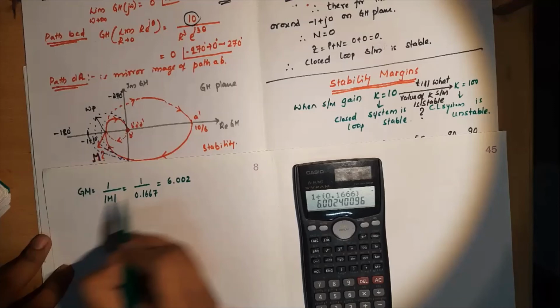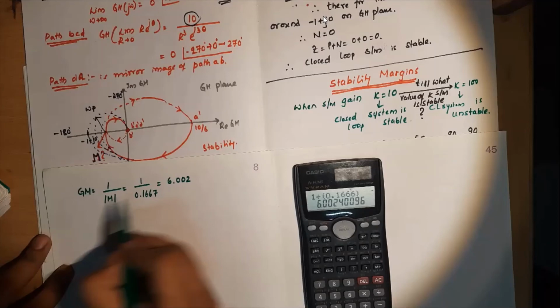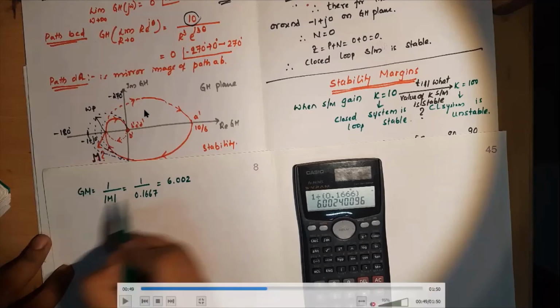I repeat once again, gain margin is a multiplication factor by which the existing gain can be increased to make a stable system a critically stable system. This is a stable system already, and it has a gain equal to 10. So till what value can I increase, so that the system will just become critically stable, and after that it will become unstable?